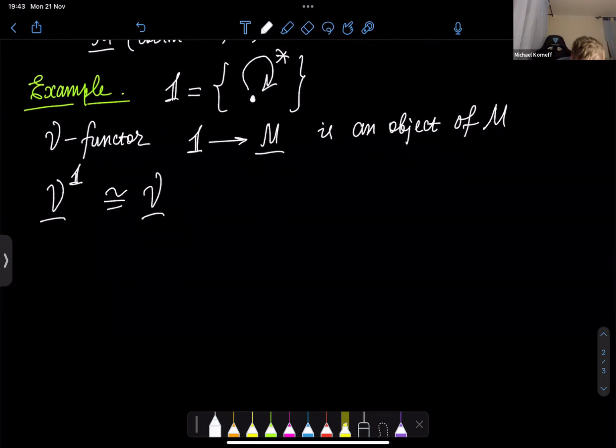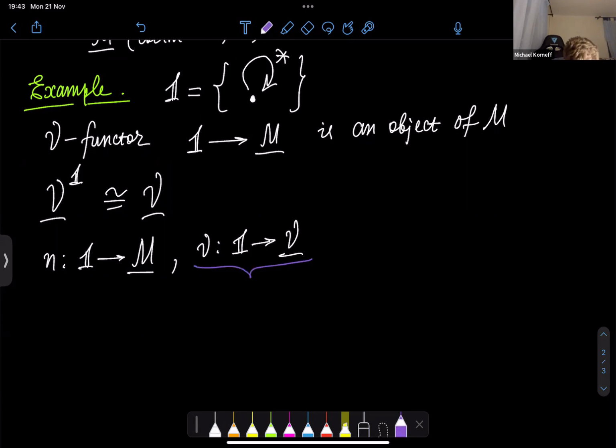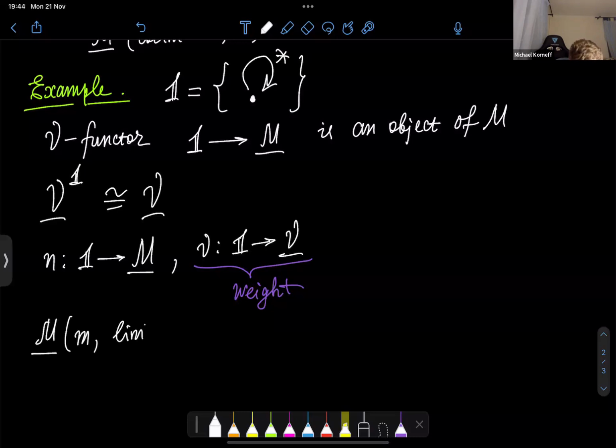And if we have a morphism from this category to M, and suppose we have this map, then by definition of weighted limit, we say that this is a weight, and we have the following isomorphism.